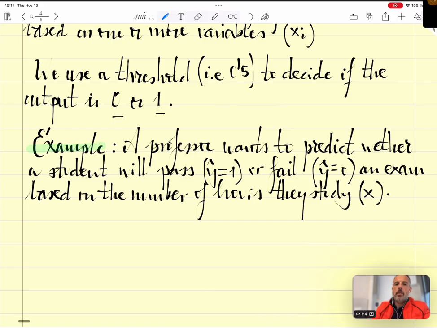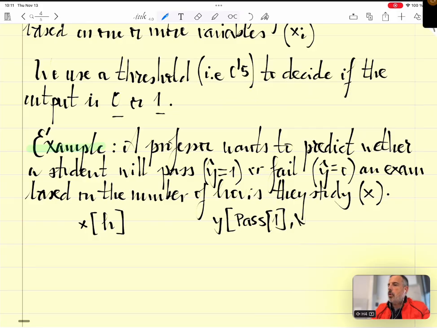So the data is like this. X are the hours, and y is pass for a 1 or no pass for a 0, okay?